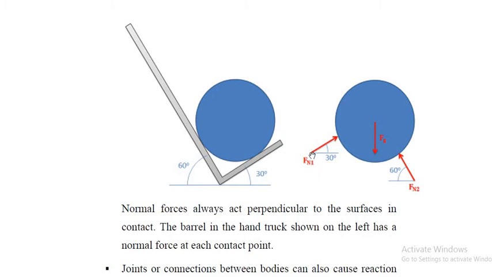Normal force Fn will be acting on this 30° surface, that means it is perpendicular to this surface. Again, for this 60° part, if you draw the free body diagram, the normal force will be acting like this. These are the two normal forces, and the gravitational force Fg is acting downwards.